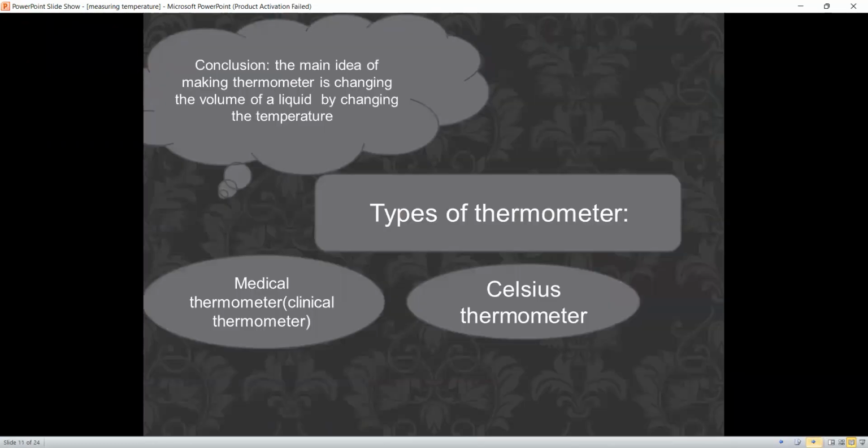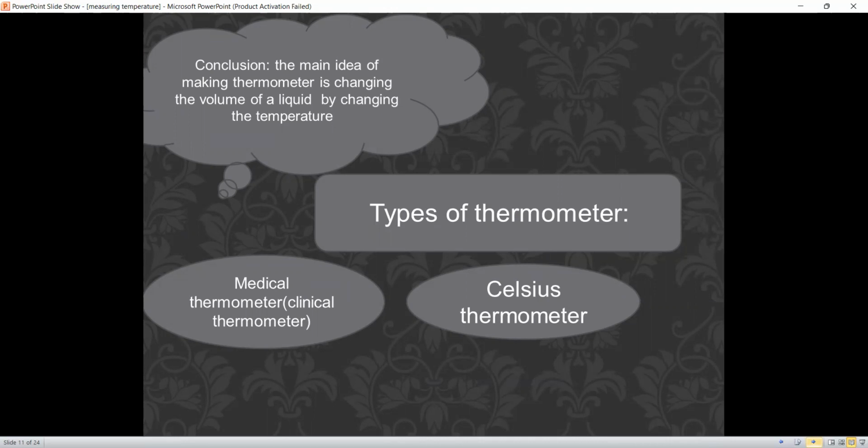But what's the idea of making a thermometer? The idea is to change the volume of liquid according to the temperature, which means inside the thermometer there is mercury. Mercury is a metal that contracts by cooling and expands by heating. So the volume of liquid will change according to the temperature.